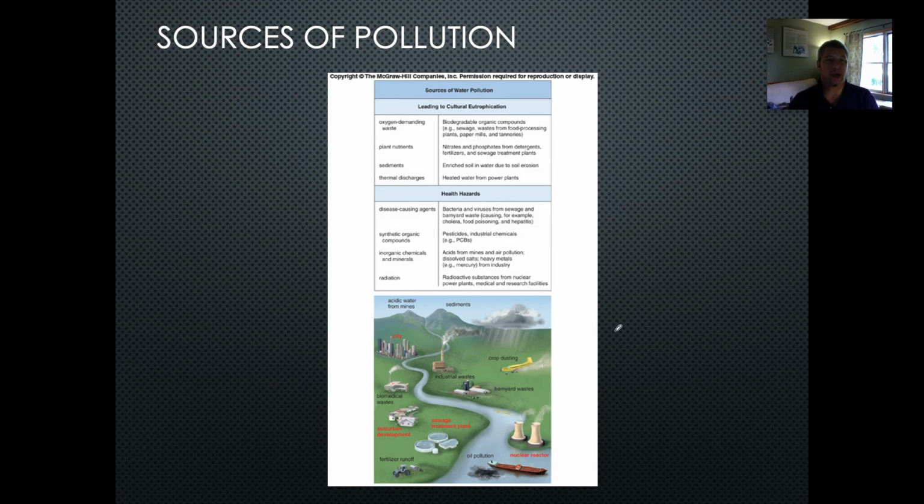We produce oxygen demanding wastes, like biodegradable organic compounds, sewage, food processing plants, paper mills, and that sort of thing. Plant nutrients that we spread on our crops, like nitrates and phosphates from fertilizers and sewage treatment plants. Detergents actually add a good bit of this to our environment. Sediments and thermal discharges also end up changing our waters.